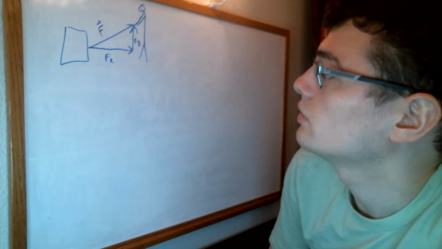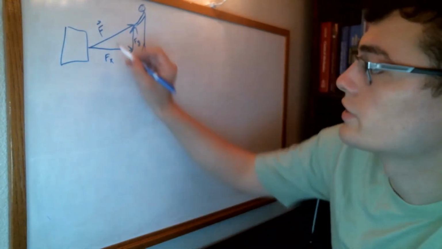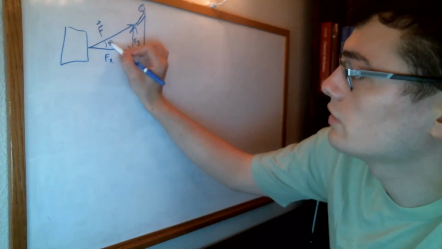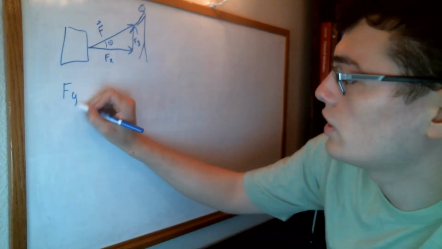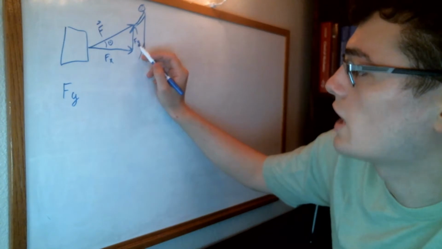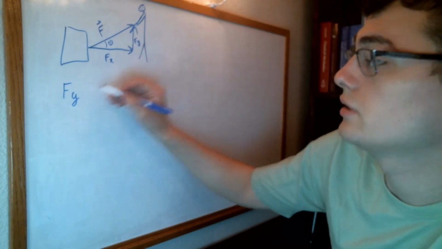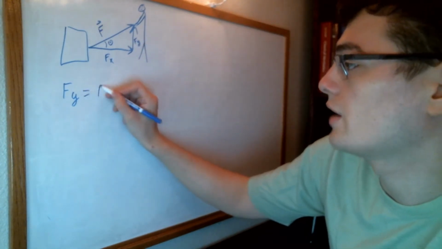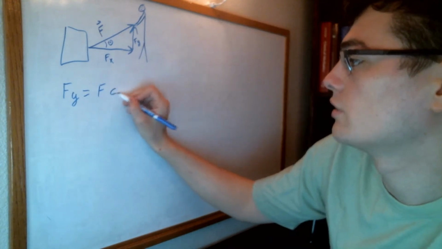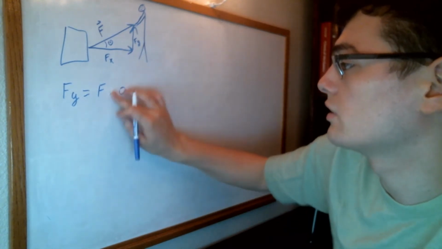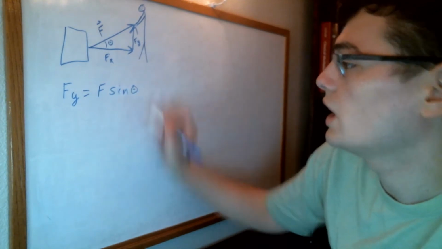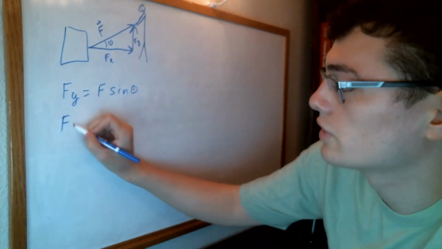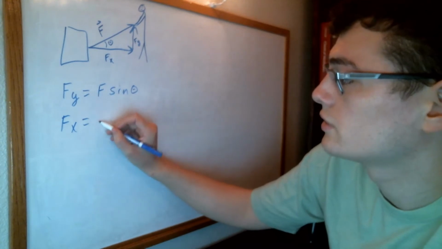And so now in order to break this down, we have to take this angle here, and then we have to say that Fy is the opposite, so we're going to use sine, so Fy is going to be equal to F sine theta. And then the same thing goes for F of x.